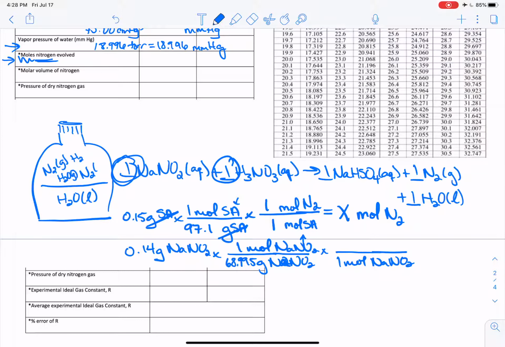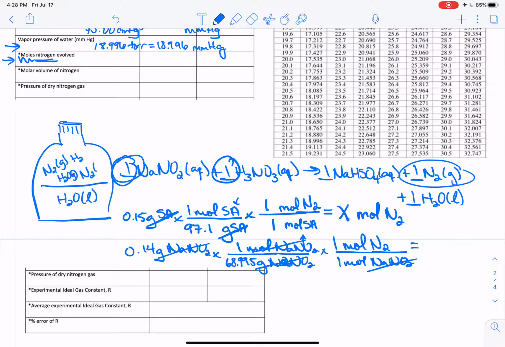So that gives us 1 mole of N2 on the top, grams of sodium nitrite cancel out, moles of sodium nitrite cancel out, and you're left with some number value, moles of nitrogen gas. We're going to call that Z, just to indicate that it's different from the X value. So Z moles of N2.